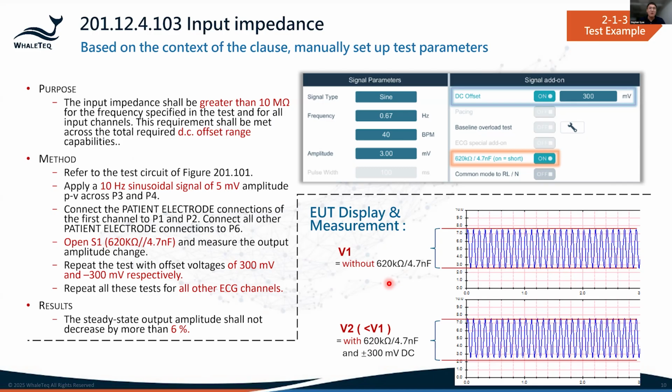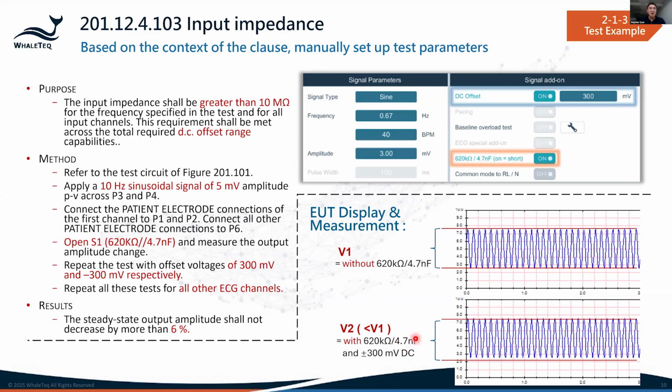From there, you can measure the difference in amplitude when the 620K ohm resistor and 4.7 nanofarad capacitor are included or excluded, while overlaid with plus or minus 300 millivolt DC offset. So this is the measurement without it, and this is the measurement with the capacitor, resistor, and also the offset.